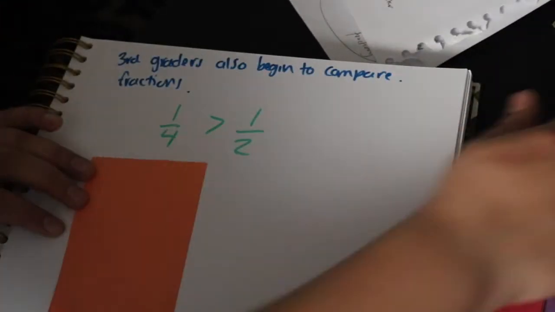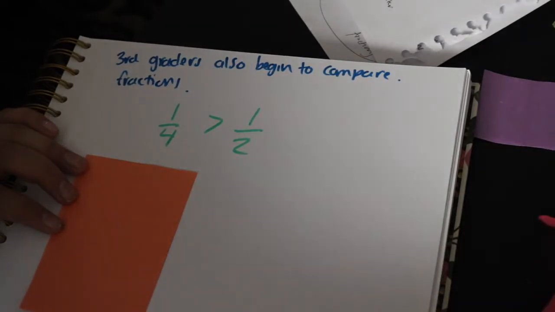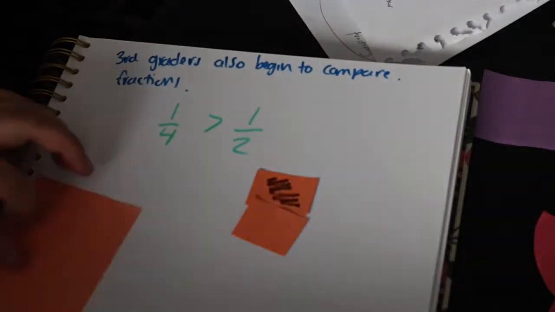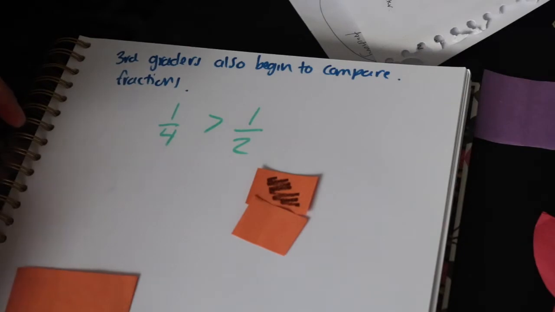Okay, we think that we're done with third grade and fractions, but no, we're not. Third graders also begin to compare fractions using greater than and less than. So although one fraction may look like it is more, it may actually be less. Like 1/4 can actually be greater than 1/2, depending on the size of the shape.